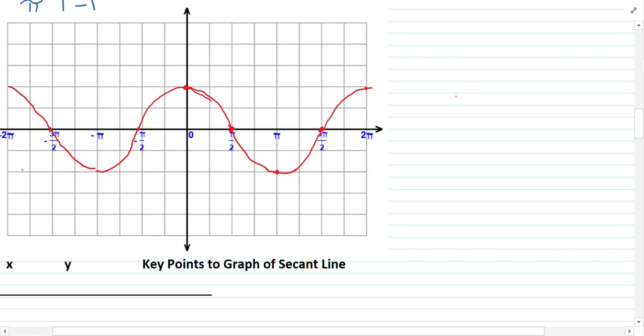So what this means is everywhere we had a 0, we had an asymptote, because the reciprocal of 0 is 1 divided by 0, so we have an asymptote.